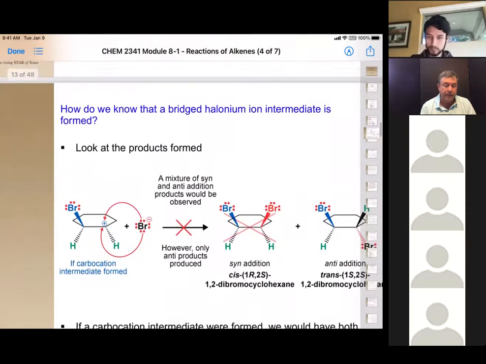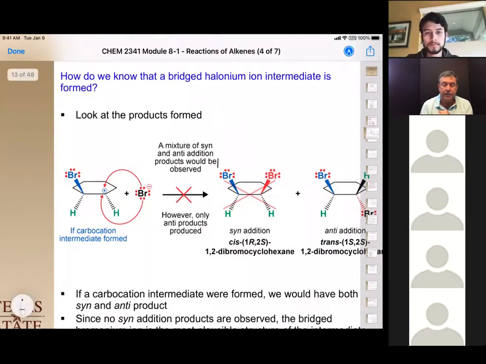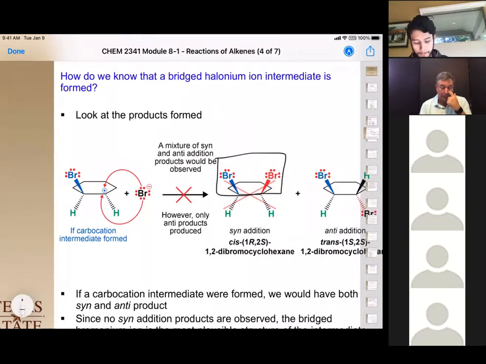So that being said, we know this bridge forms, and it is the major resonance contributor because we do not see any of the syn addition, where the syn addition is where they're adding to the same side right here. And in those reactions where we form the carbocation, we get half of it come from the top and half of it come from the bottom.